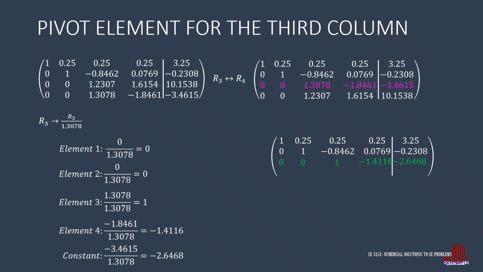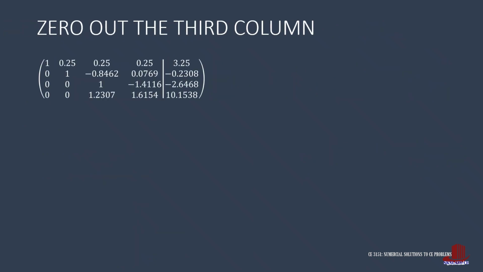The last has negative 3.4615 upon 1.3078, which is then negative 2.6468. Checking on the matrix, there is only one element left to complete the triangular matrix down the third column.